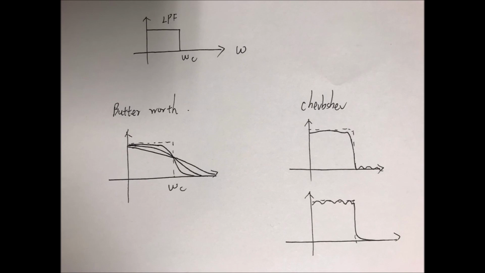So for example, this is a second order Butterworth filter, and this is, for example, 10th order. The higher the order, the more complicated the circuit, and your filter will be closer to this ideal dashed shape. So this is the Butterworth filter.